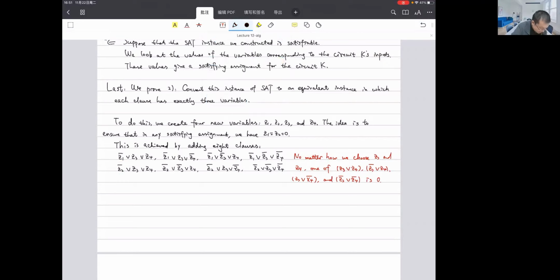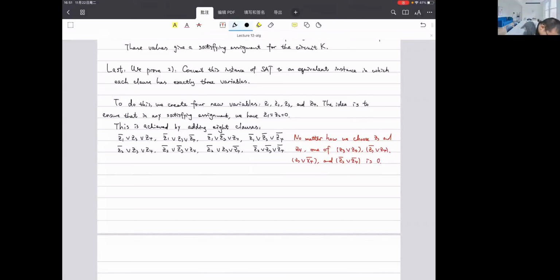So this is the reason that we add these clauses here. And after having this kind of construction, this is really straightforward. For each clause in the SAT instance with a single term, we just replace it by T or Z1 or Z2.